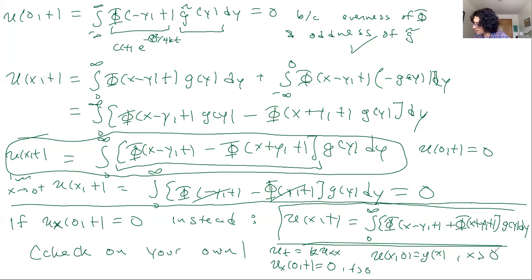So again, we have this positive domain, right? So x and t are both greater than 0. Okay. That is the method for quarter plane problems. You'll have a chance to practice that on your homework.